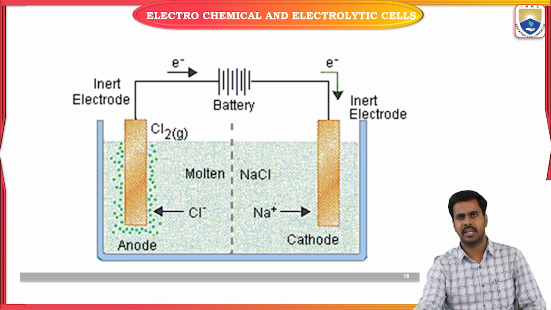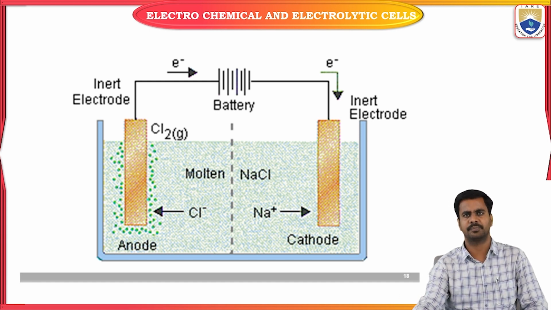That means in an electrochemical cell, the reaction is initiated by the chemicals present in the cell in the form of electrolyte, whereas in an electrolytic cell, the reaction is initiated in the presence of a DC battery.